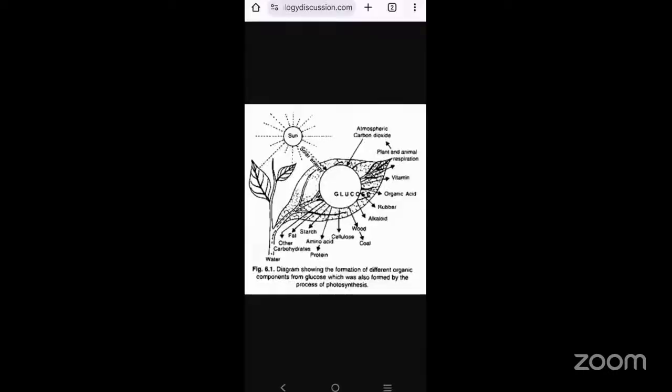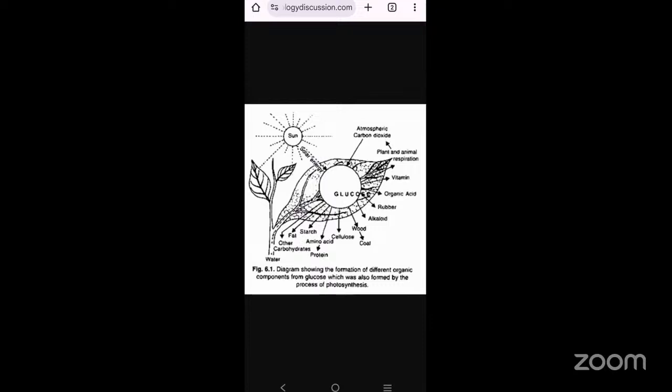So coming to the significance of photosynthesis. What is the significance of photosynthesis?